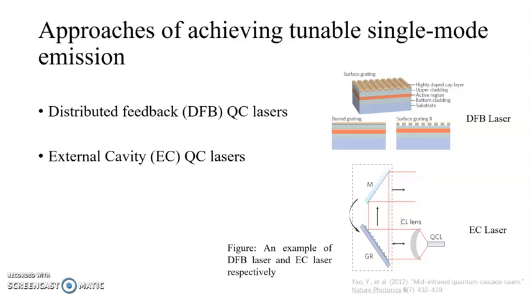The laser wavelength is determined by the period of the grating, while the external cavity quantum cascade laser is shown on the bottom. The system forms a coupled cavity system, that is, the Fabry-Perot cavity formed by the laser's front and the back faces, and the grating cavity formed by the back face and the grating.